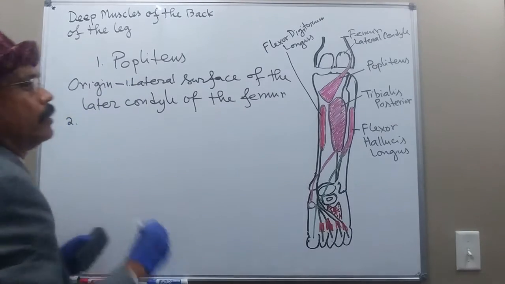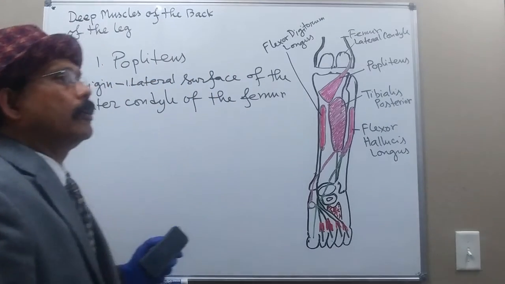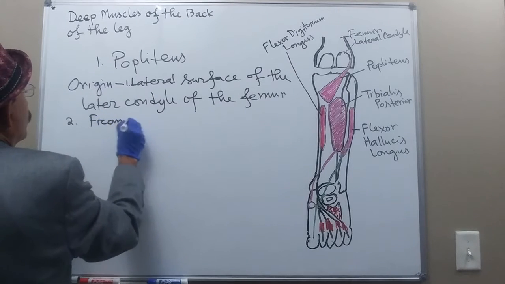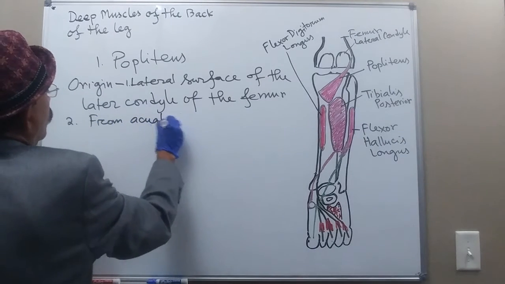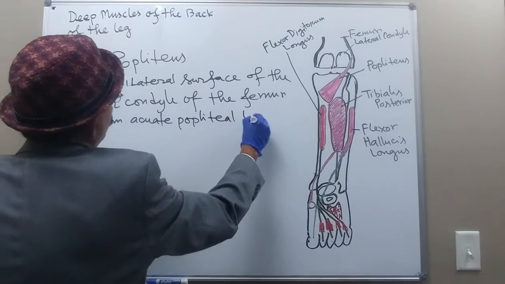It has multiple origins. It also takes origin from the arcuate popliteal ligament.